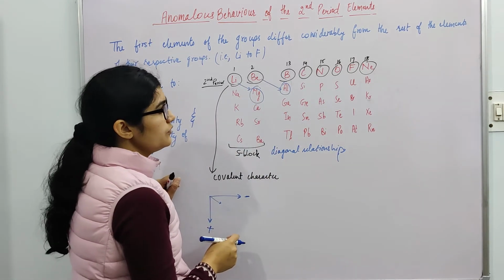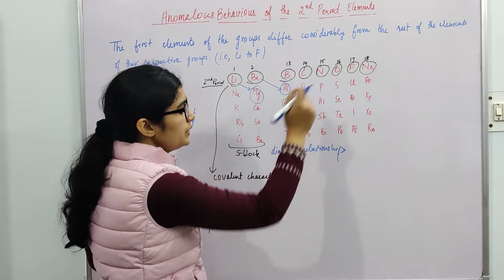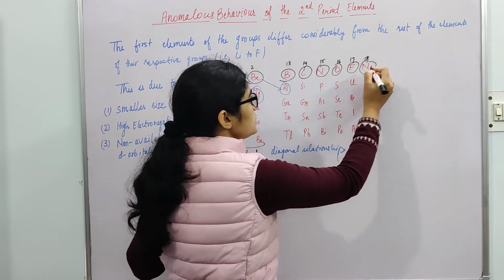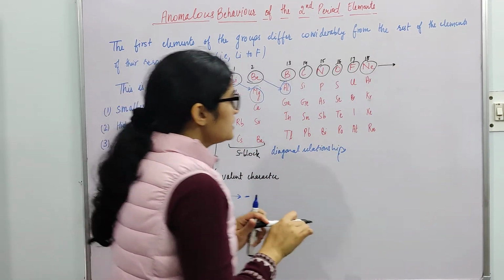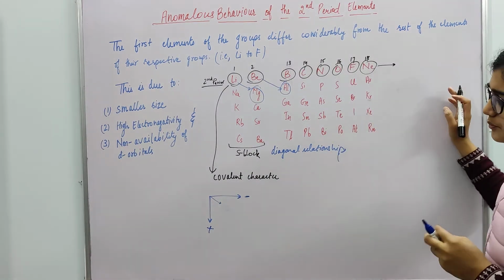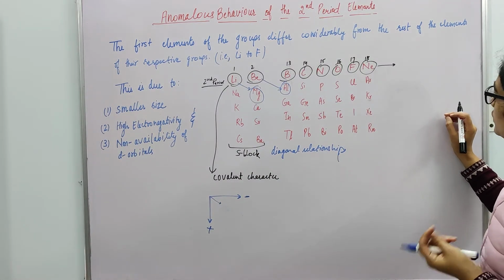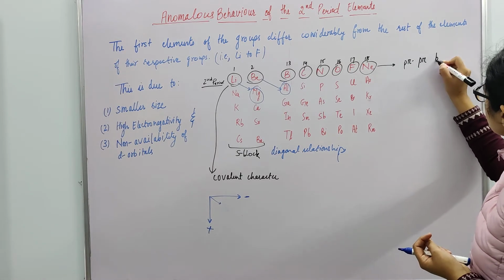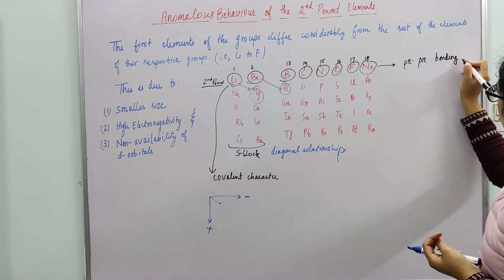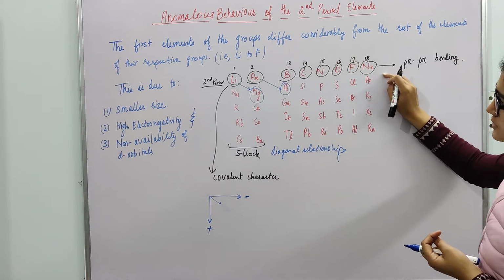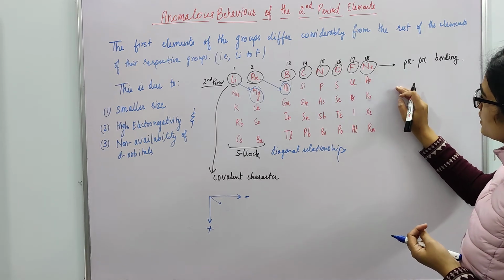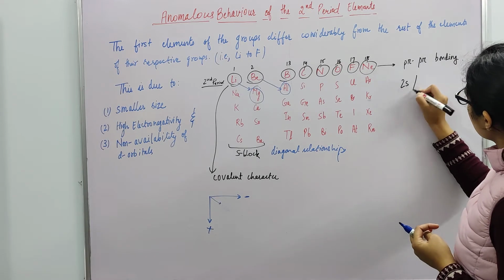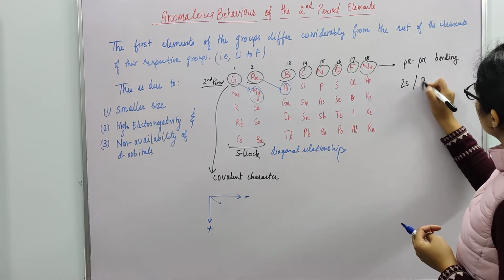Now, if you see the P block elements, these elements have some very unique properties. First is they show p-pi bonding. In the second period P block elements, in the valence shell they have 2s and 2p.